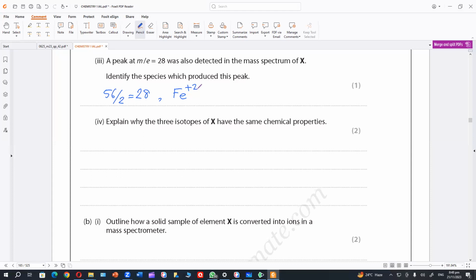Isotopes generally have the same chemical properties. Chemical properties arise from the number of electrons, basically.